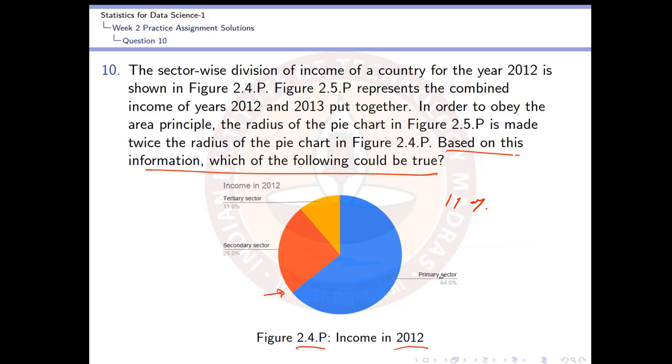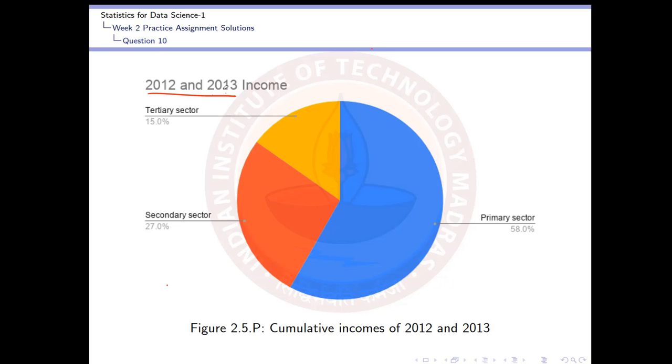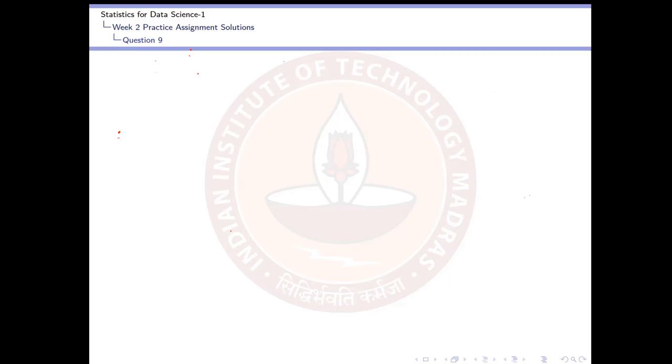So the primary sector in 2012 is given as 64%, and for combined 2012 and 2013, the primary sector is given as 58%. So we assume the income in 2012 is 100.